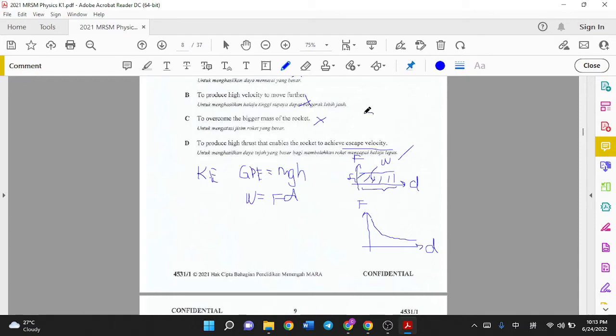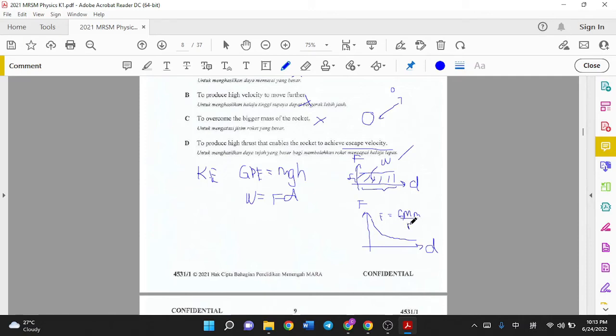against the distance when your object is much further from the Earth. So this is your gravitational force, and this is your distance. This is what it looks like. So your equation here is F equals GMm over r squared.